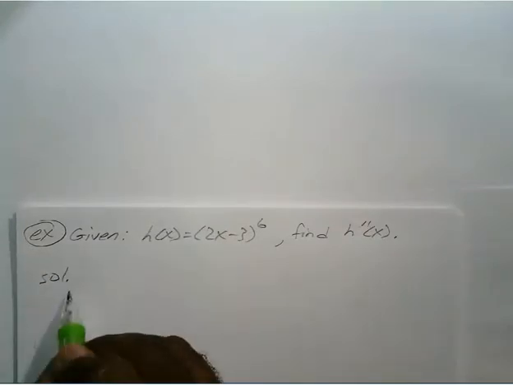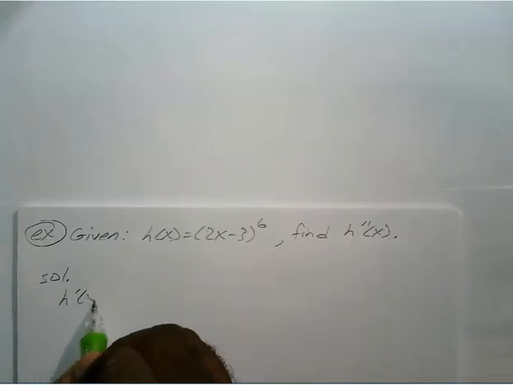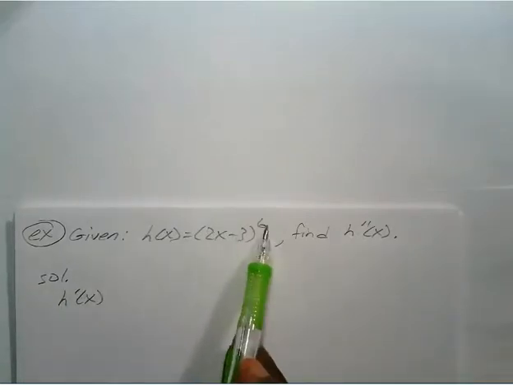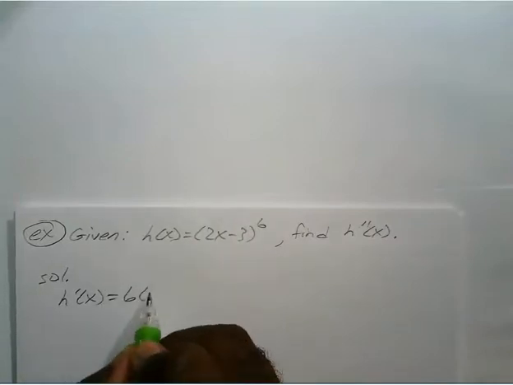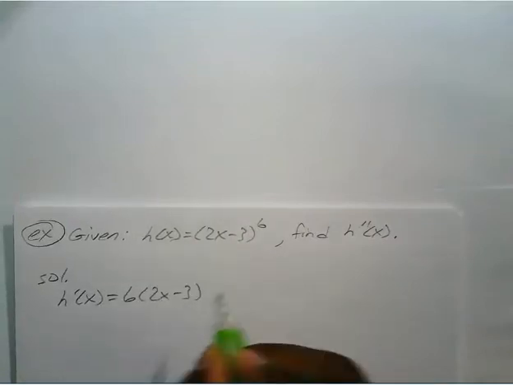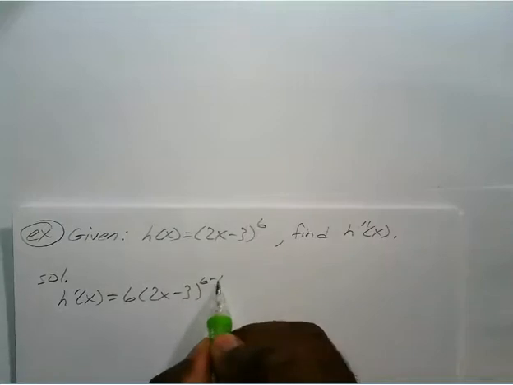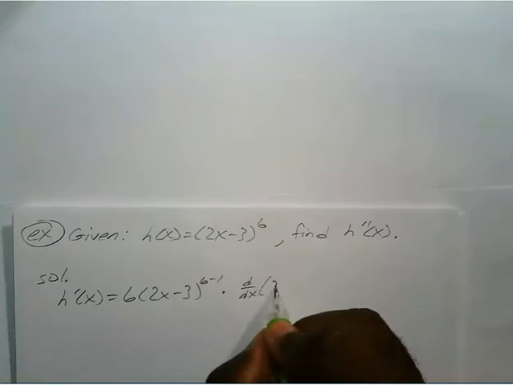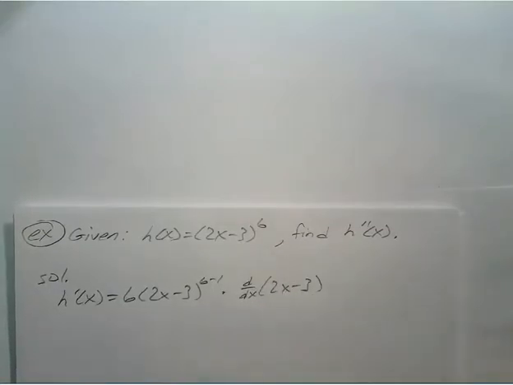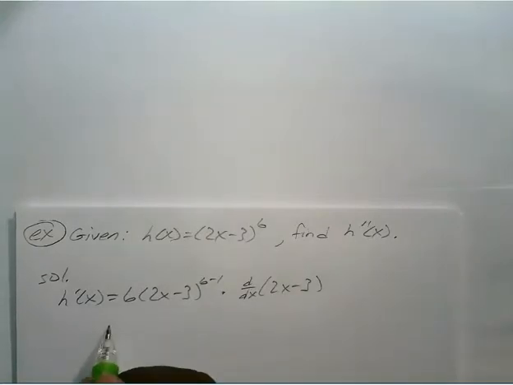Okay. So we want to find our first derivative. We take the derivative of the whole thing, so we bring down the 6 times 2x minus 3, then we subtract 1, then we multiply that by the derivative of the inside. Alright, so what does that give us?